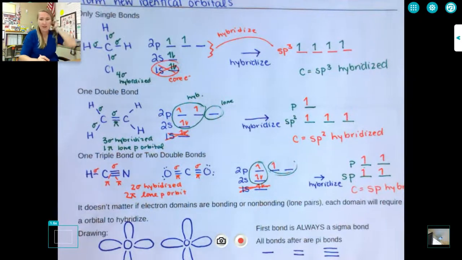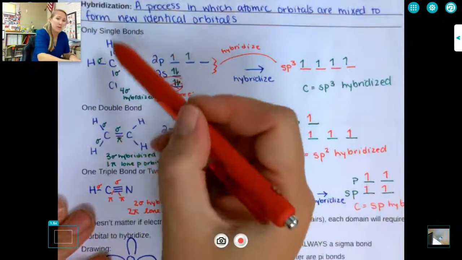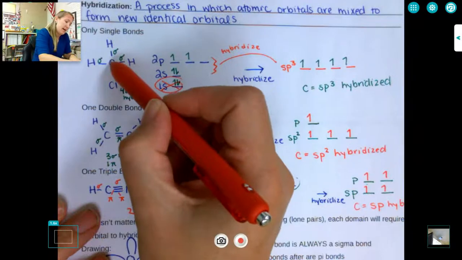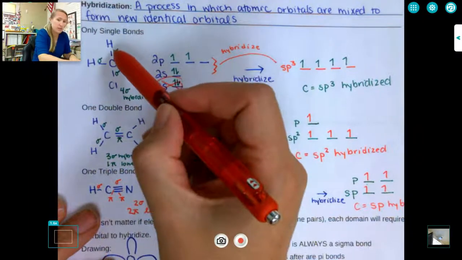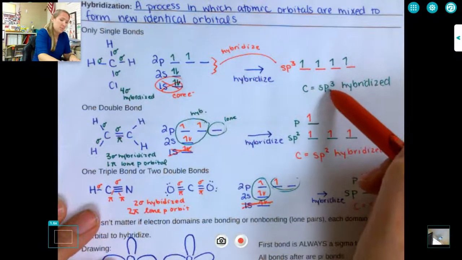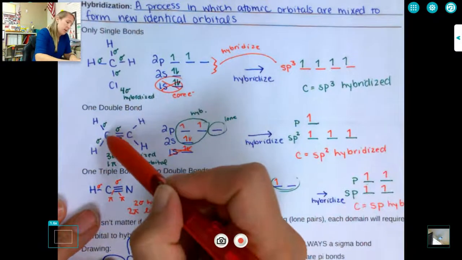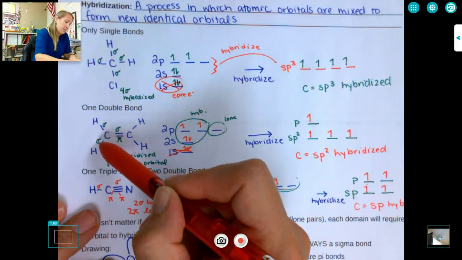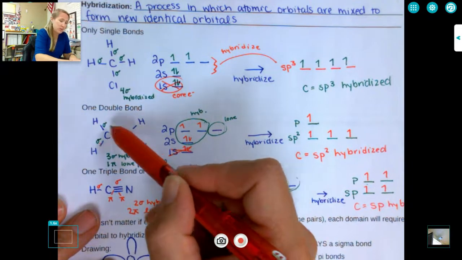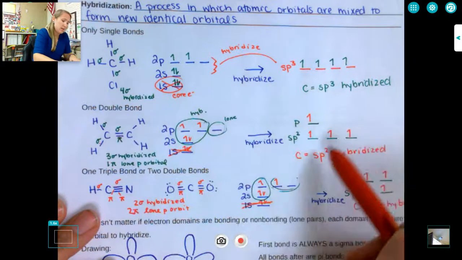Okay. Now, the fast way to count it is you just start counting bonds. So up here, we said this was sp3. When I start counting bonds around my carbon, let's say I start here, I have S, P, P, P, which makes sp3. Here I have S, P, and this is one bond because there's only one hybridized orbital here. So SPP makes sp2.